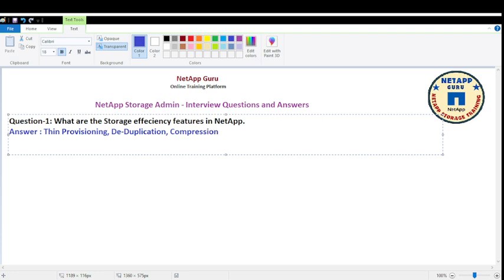Compression and compaction. Okay. This is the answer for this question. And the next question.